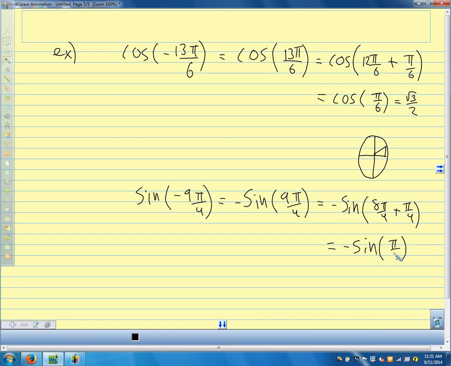And the sine of pi over 4 is square root of 2 over 2. So I get negative square root of 2 over 2. So I use the fact here that sine was odd, use the period to help eliminate a multiple of 2 pi, and I get my answer.